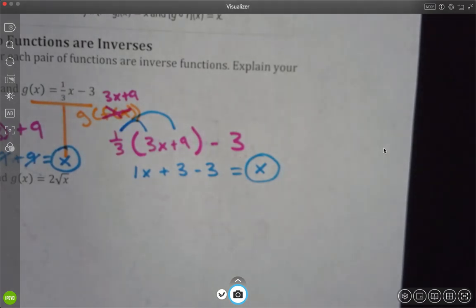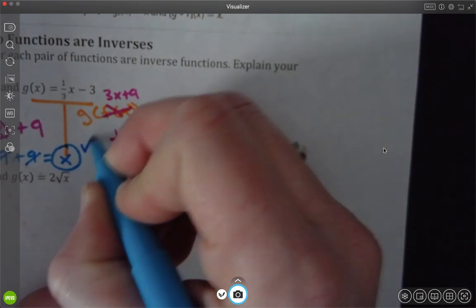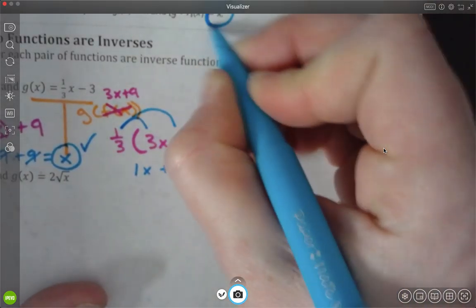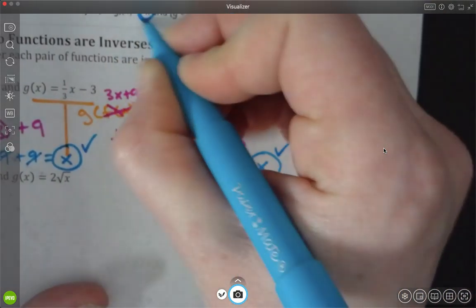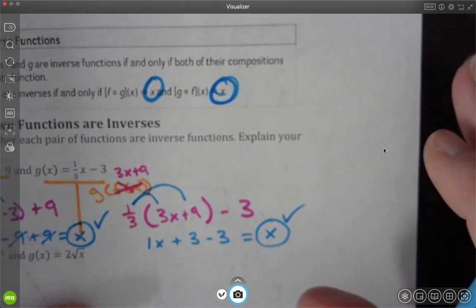Like I said, it doesn't work unless they both come out to be x's. If one comes out to be, let's say 7, and the other one comes out to be 7, that doesn't work. They must both be x's. Why x?